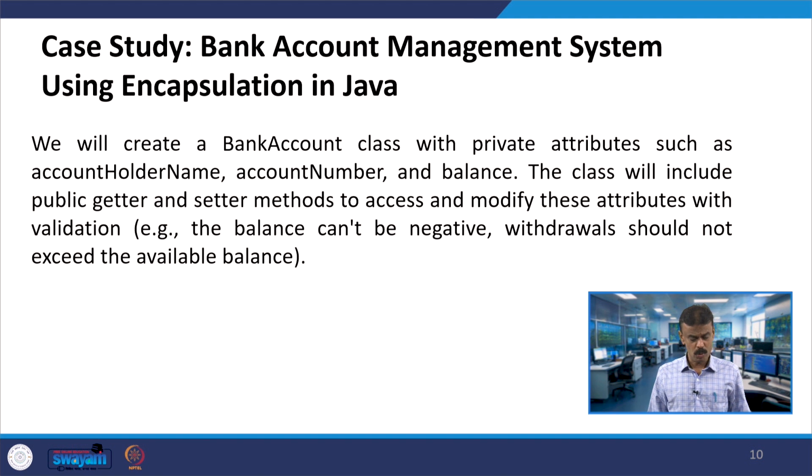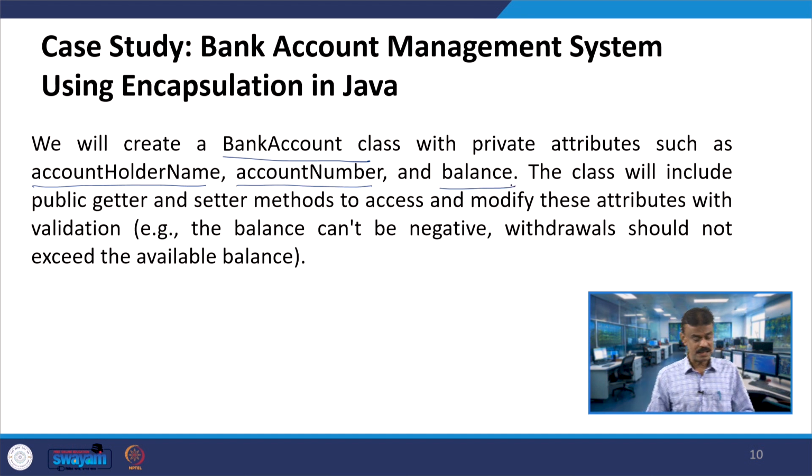And we can see one more case study, a bank account management system using encapsulation in Java. Let us create a class called bank account, and then you have some private attributes, the private member data such as account holder name, account number and balance.